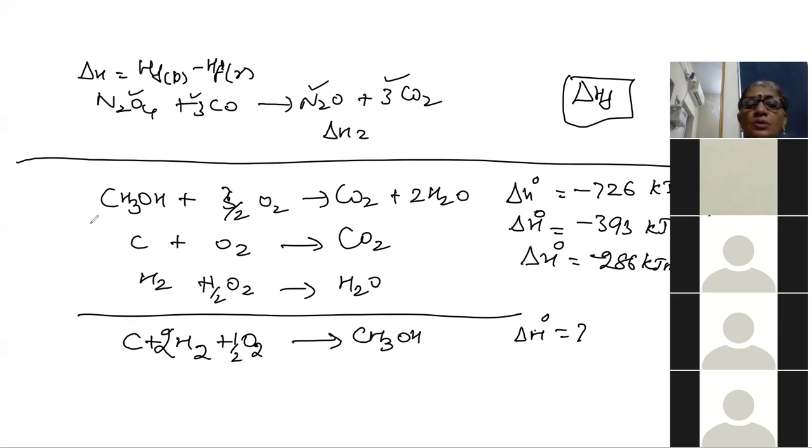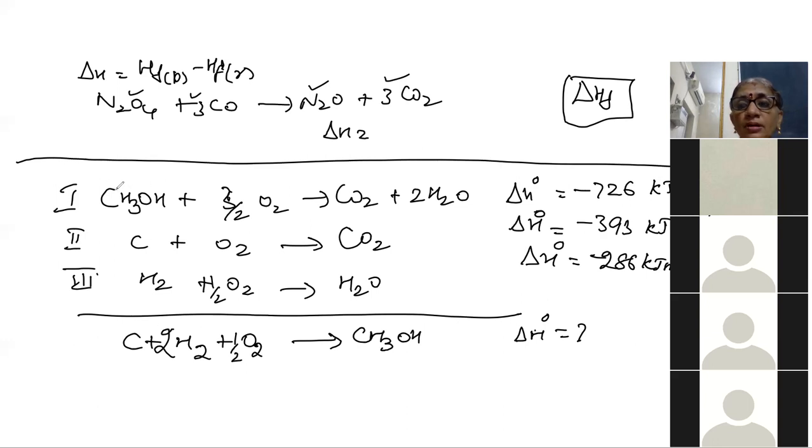Let me number these equations as 1, 2, and 3. Can anyone tell me whether I can use the first equation as it is or should I reverse the equation? Should I take it as it is? How should you decide?